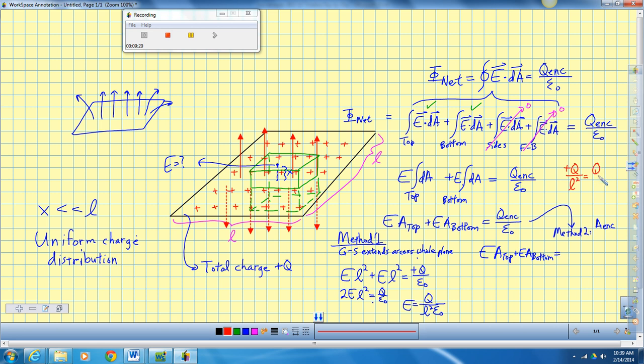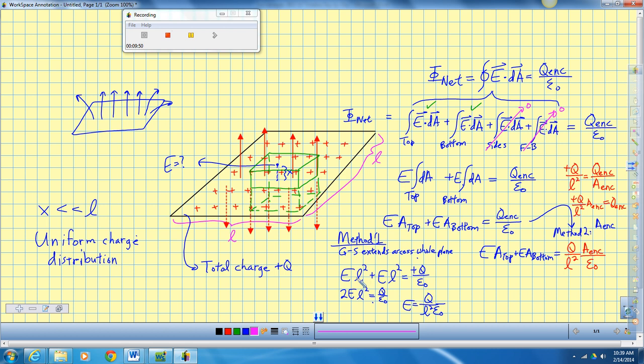And that's equal to the amount of charge I have enclosed over the area I have enclosed. So that plus Q over L squared times the area I have enclosed is equal to my charge enclosed. Okay, so I'm using my favorite tactic of setting up a proportion again. If I plug that in, Q over L squared times area enclosed over E0, I'm going to end up in exactly the same place as I did when I did it this way.